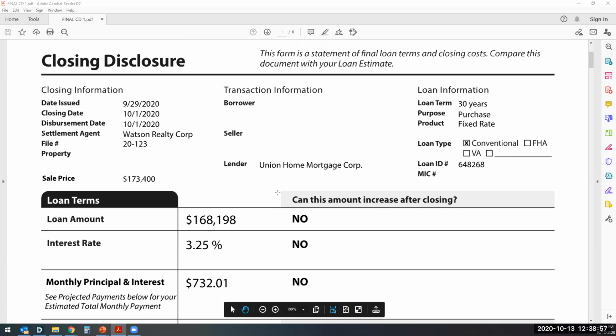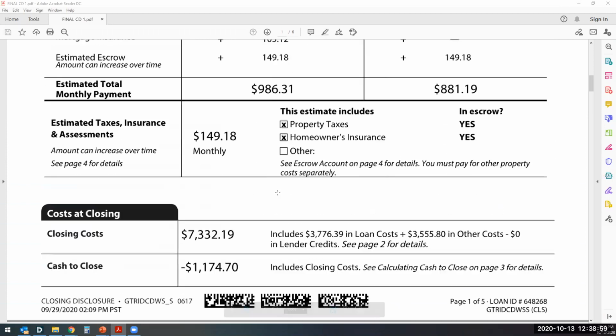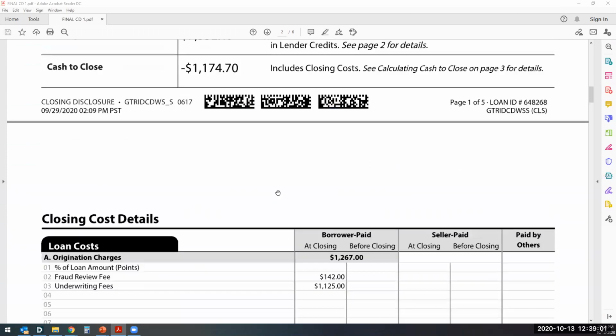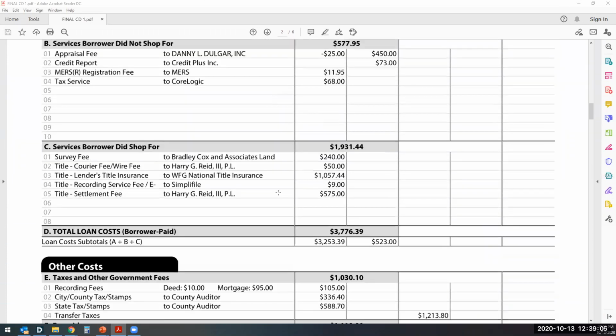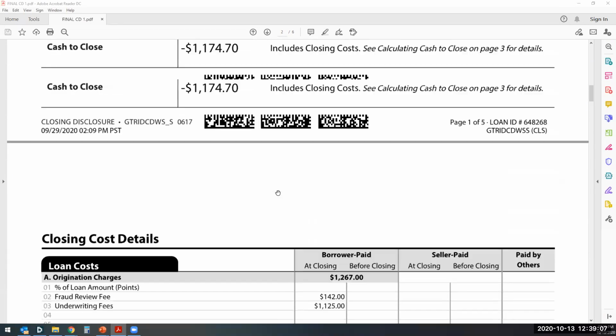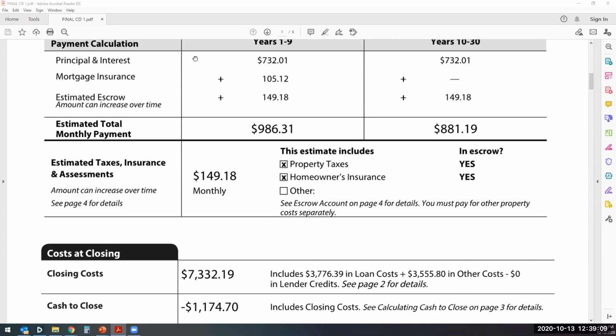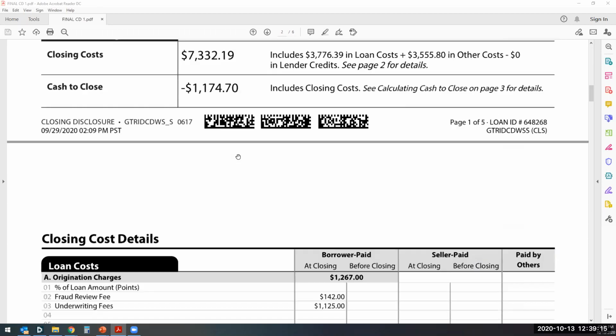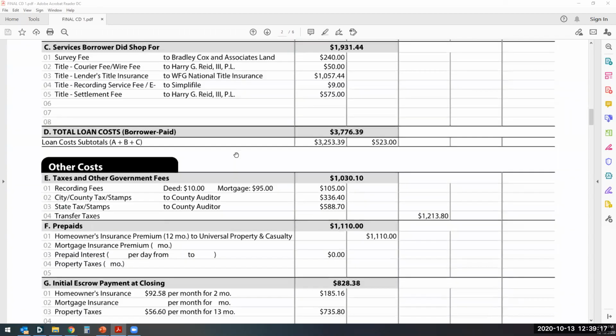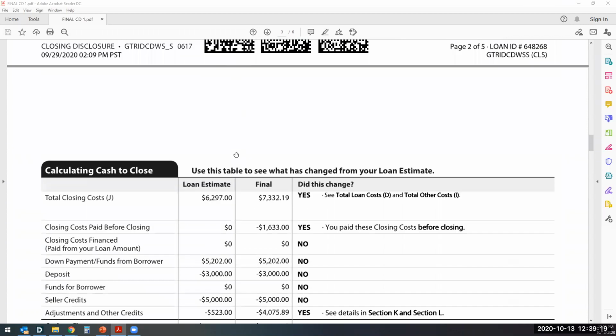Okay, so interest rate and APR is something that they ask me a lot. The interest rate is what your monthly payment is based off, and your APR is just how much the loan is going to cost the borrower. So it's very different from the interest rate.